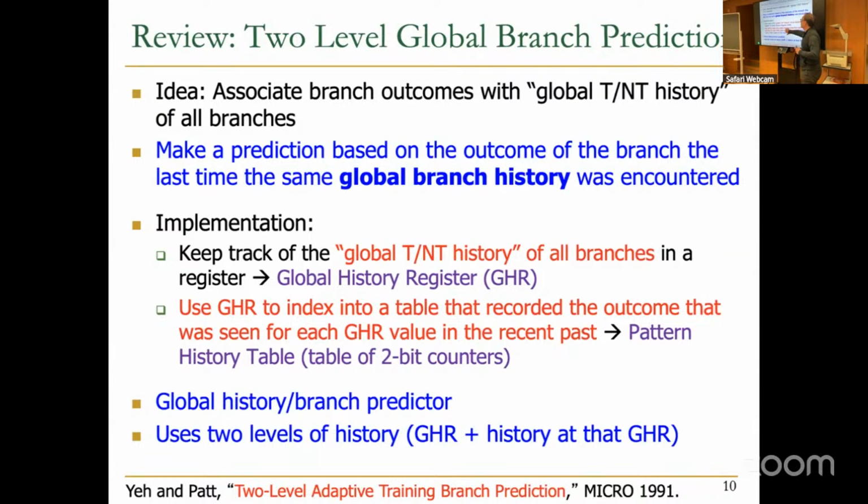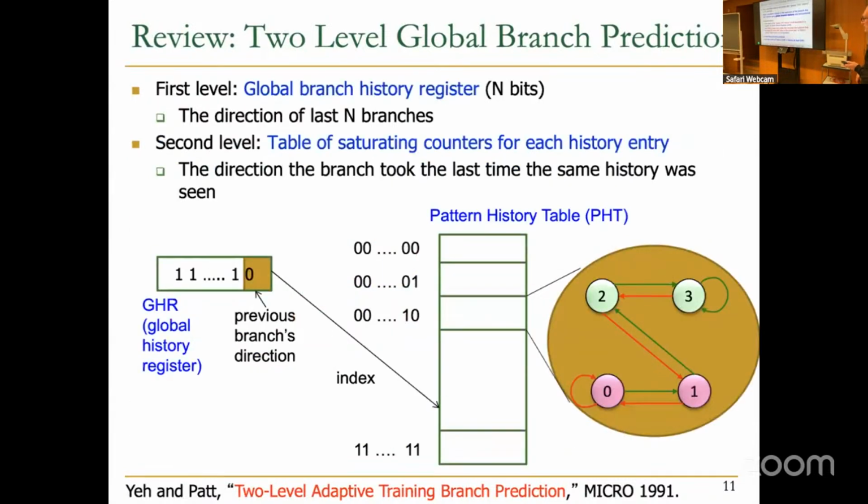And then you use that to index into a table that recorded the outcome that was seen for that value in the recent past, hoping that that corresponds to your branch, right? And that's called the pattern history table. This is the same table of 2-bit counters. We used to index it using program counter. Now we index it using the global history register. Make sense?